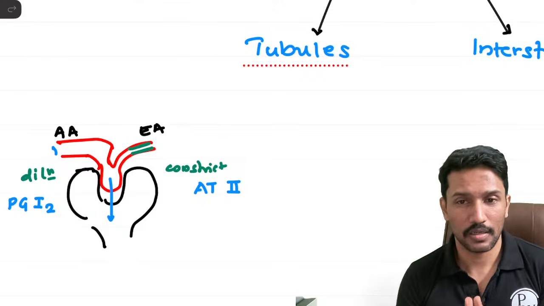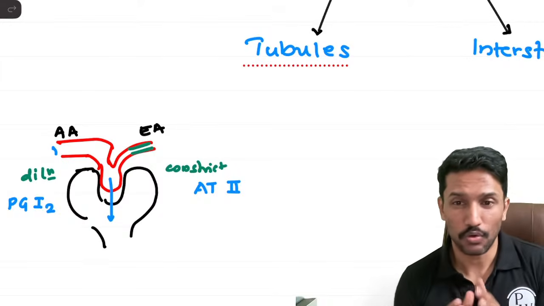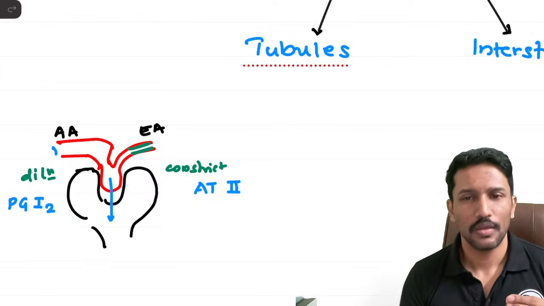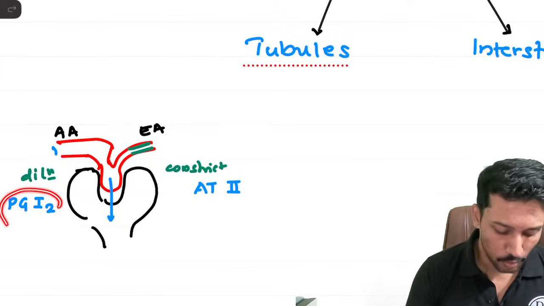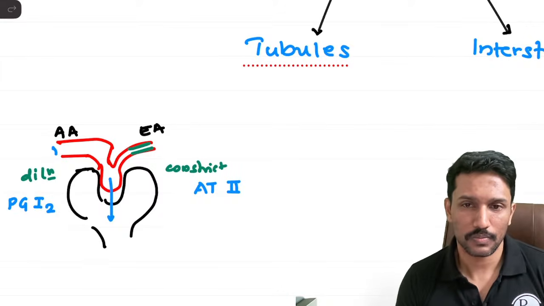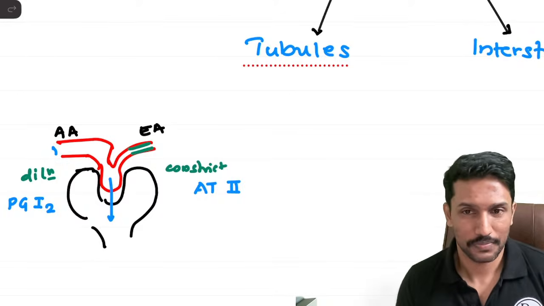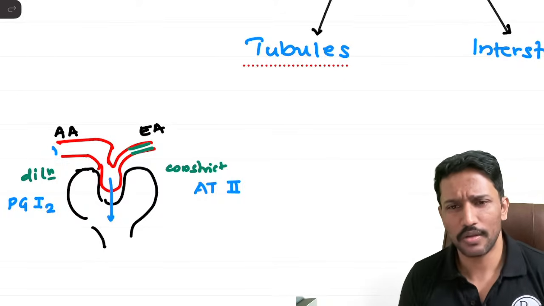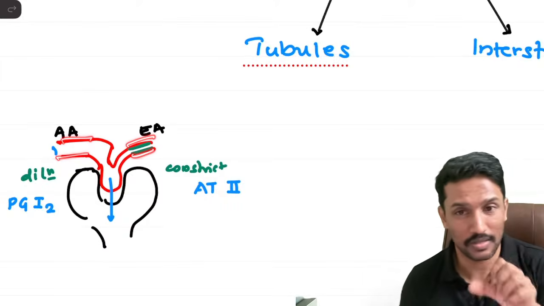Similarly, we know that NSAIDs are nephrotoxic agents, right? Diclofenac, all of that. One of the mechanisms for their nephrotoxicity is inhibiting prostaglandin I2. So when I inhibit prostaglandin I2, then I may not be able to dilate the afferent arteriole. So with any small degree of dehydration, kidneys generally counter that by afferent arteriole dilatation and efferent arteriole constriction.